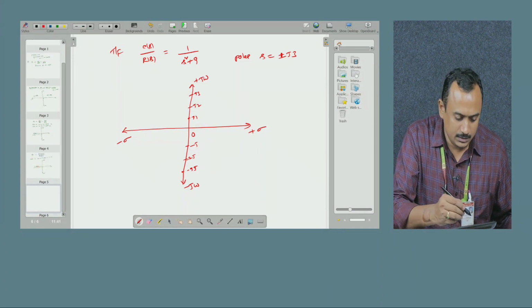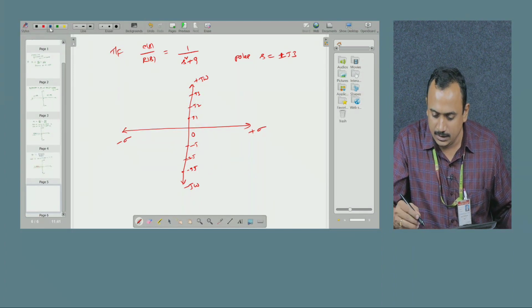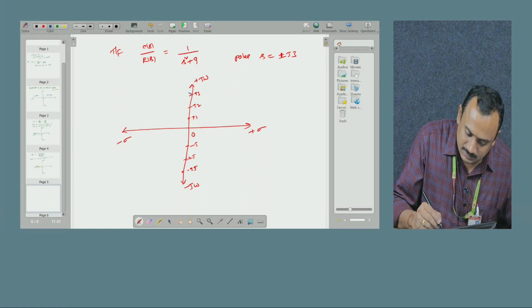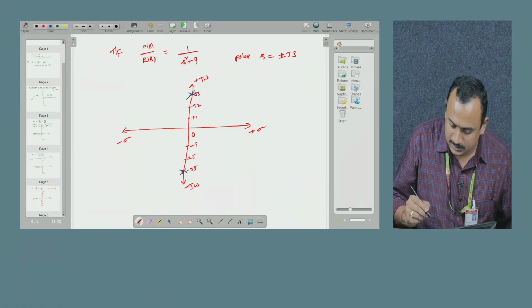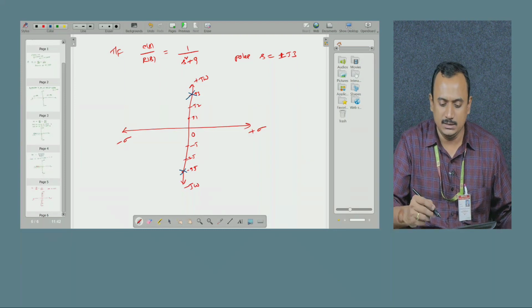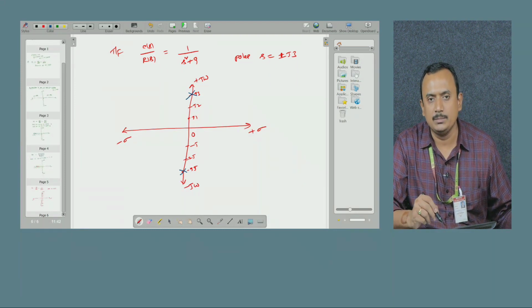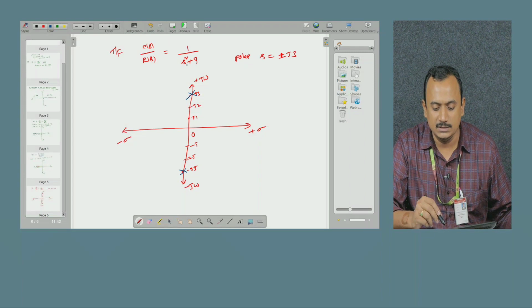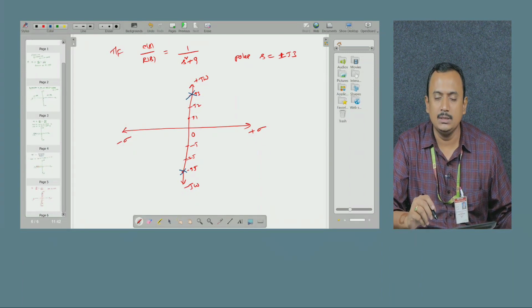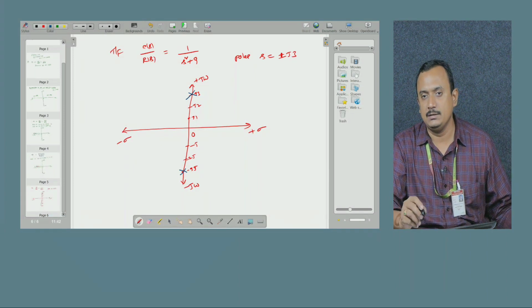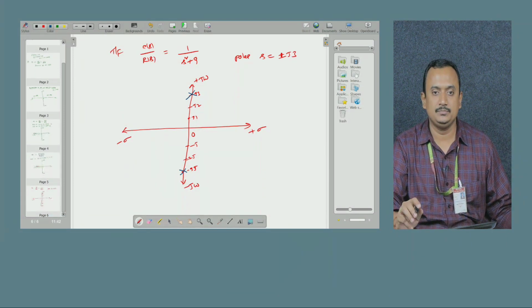Now here the poles are at plus j3, poles means cross symbol, and another one is at minus 3j, right. See, denominator we have s square plus 9. So since it is a quadratic equation, we have two roots, and those two roots are, one is plus j3, second one is minus j3, right.